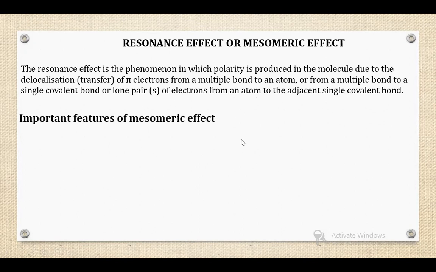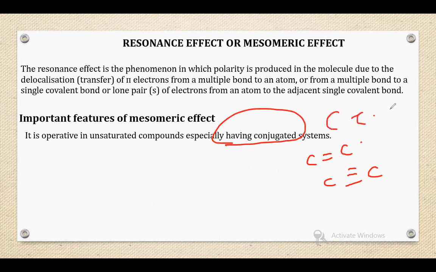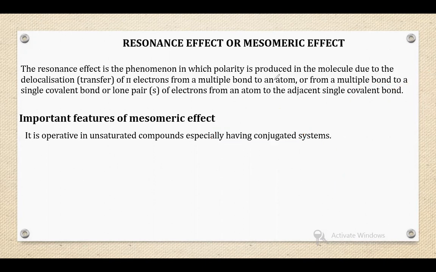What are the important features of the mesomeric effect? It operates in unsaturated compounds, especially those having a conjugated system, such as carbon-carbon double or triple bonded systems with alternate double or triple bonds. Next, it is a permanent effect and is present in the molecule in the ground state, the stable state of the molecule.